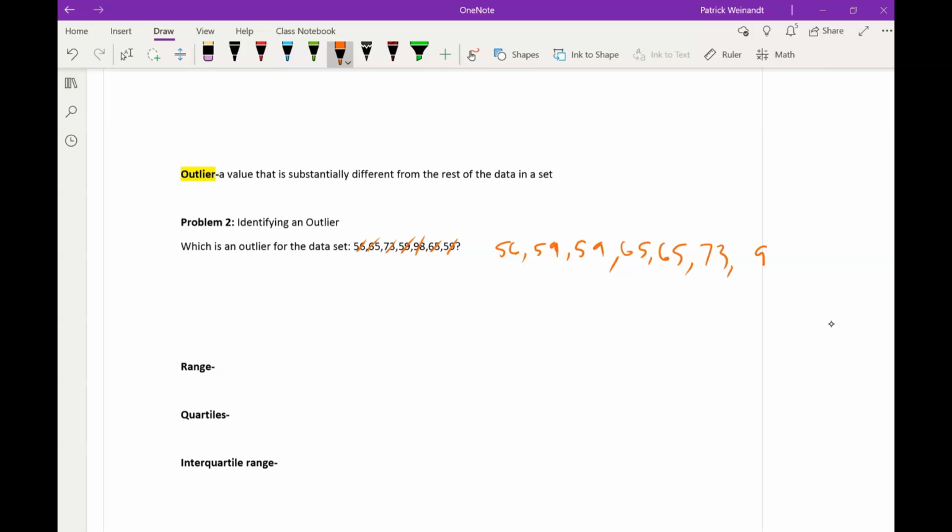And right away, you could probably identify that maybe 98 is an outlier. Based on what we've done so far in your mathematical experience, you might just say, well, that's an outlier. It seems to be different.